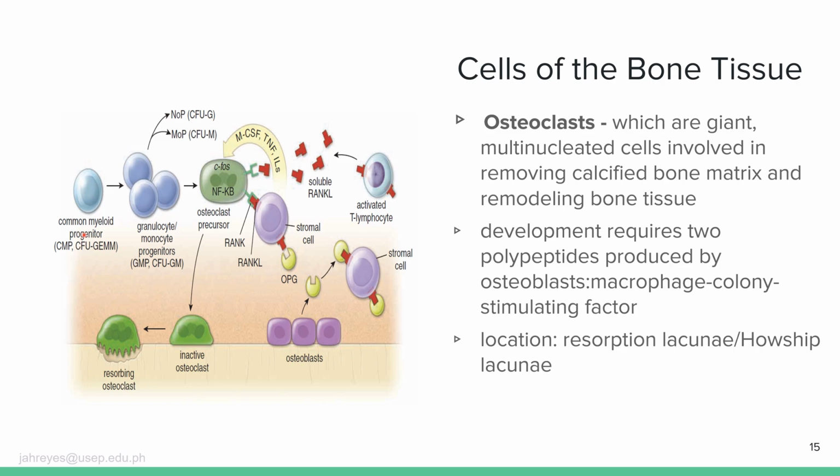During inflammation, the activated T cells will also produce different molecules like soluble RANK ligand and membrane-bound RANK ligand. When that happens, the osteoclast will respond to these molecules. That's why during an inflammatory process, there can be osteoclast-mediated bone resorption, because they respond to those types of molecules.